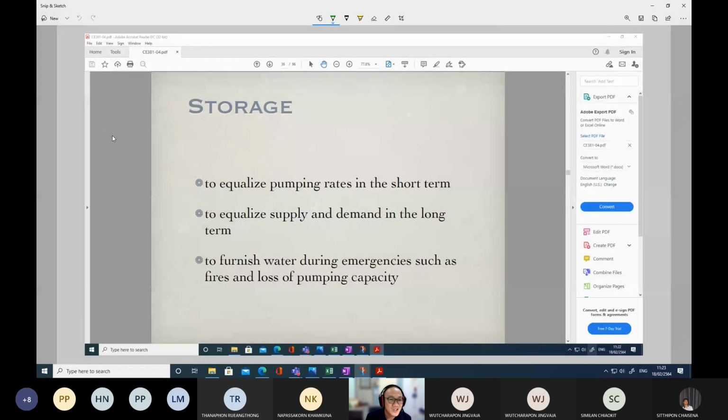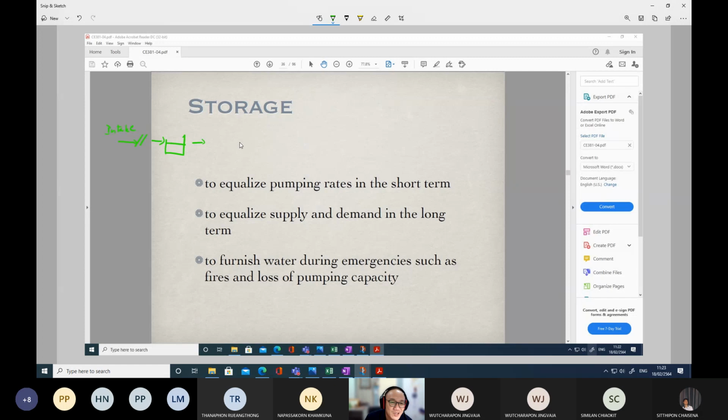What is the beneficial use of the storage? So this is the inflow to the intake facilities. Then it begins with the screen, followed by probably the storage.